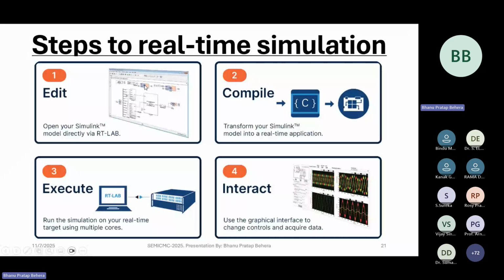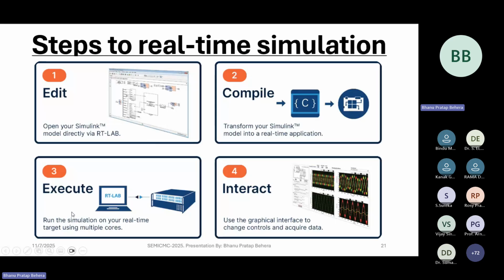Then after that, you have to come to compilation. In the compilation, it will build the model and generate the C code of the model you have created in MATLAB. That C code will be generated in the compile mode, and then it will come to the execute.